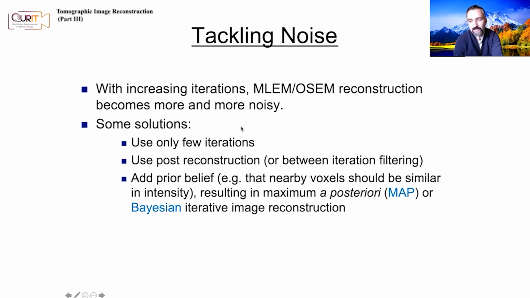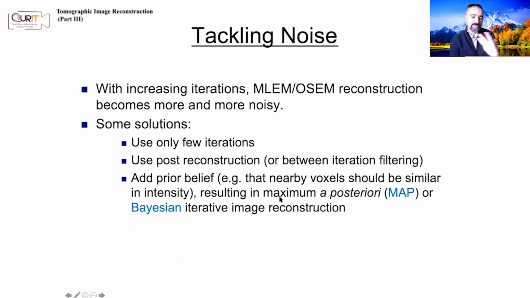Let's say in the clinic, for PET imaging, for example, we may do 2 or 3 iterations with, let's say, 16 subsets. So that means 2 times 16 number of updates, maybe 30, 40, 50, give or take, depending on the scanner, depending on many criteria. We may iterate that many times, but then we stop. Also, if we iterate more, we could use more and more post smoothing to deal with the noise.